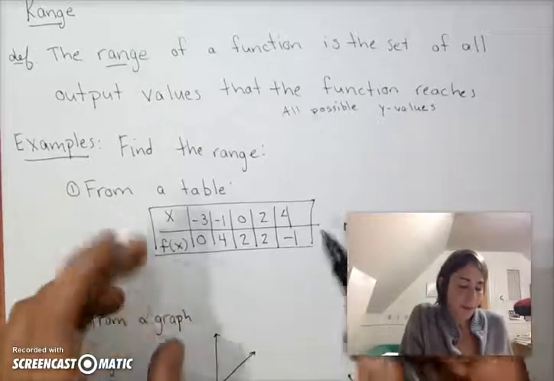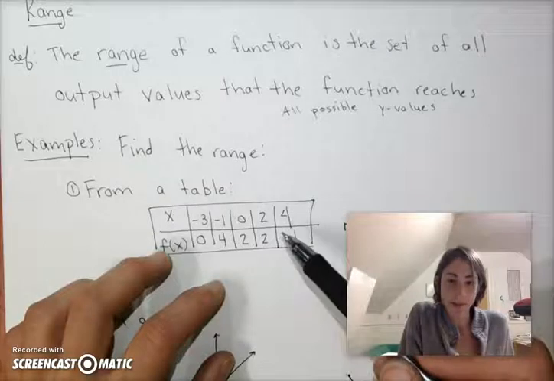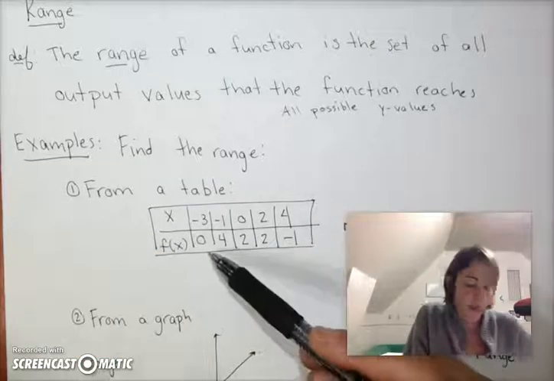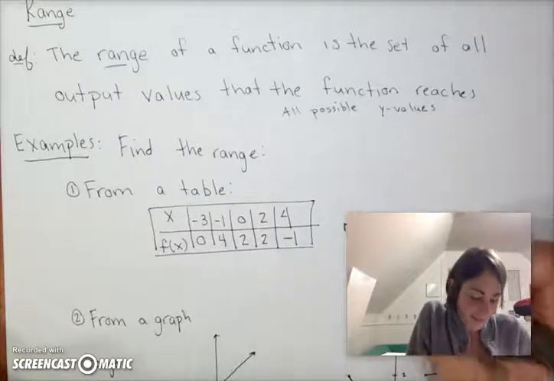So from a table, a finite table like this one, meaning it only has a set number of entries, the range you can read off by just looking at the y values that you get.